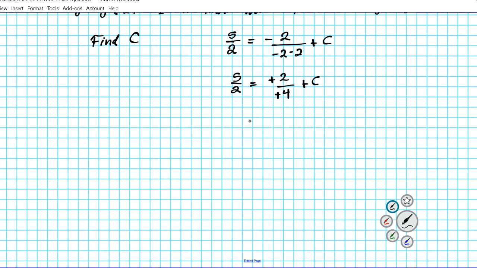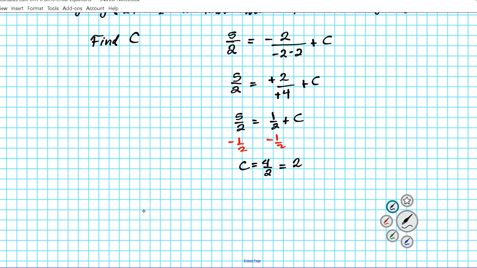You get 5 over 2 equals 1 over 2 plus C. And then you subtract 1/2 from both sides. And then you have C is equal to 4 over 2, and that equals 2. All right, so there you have it.